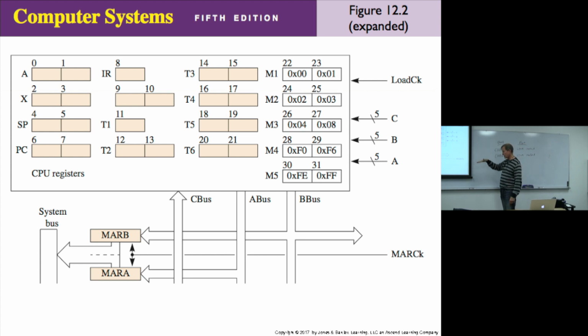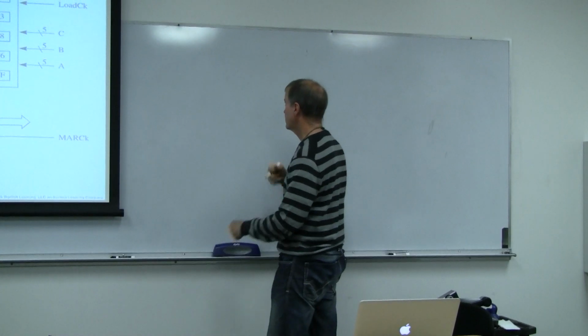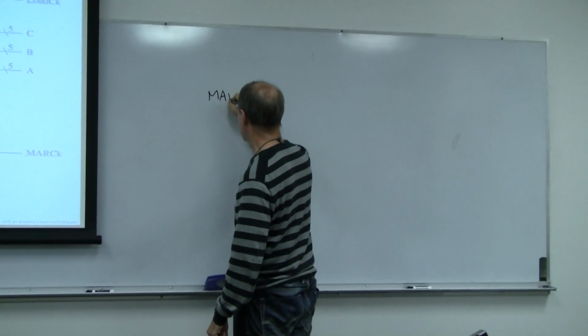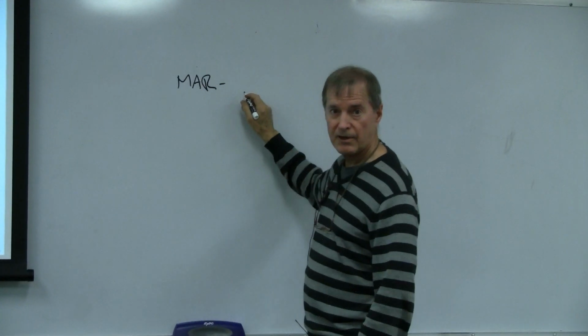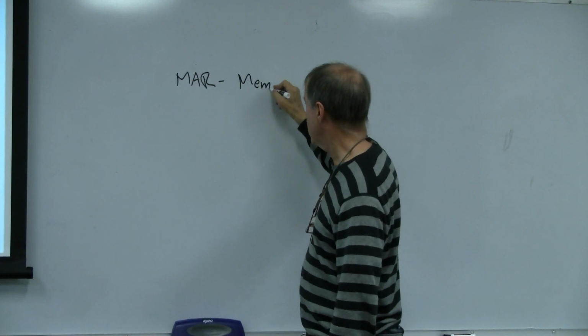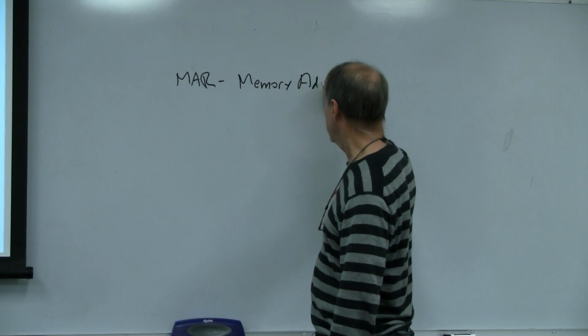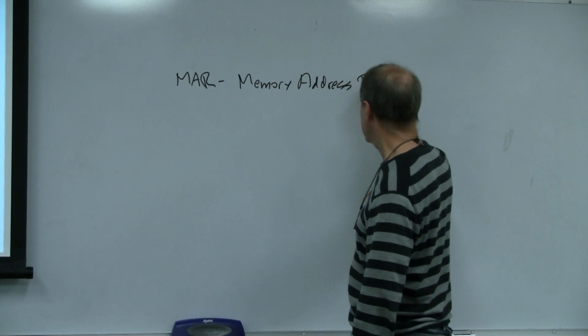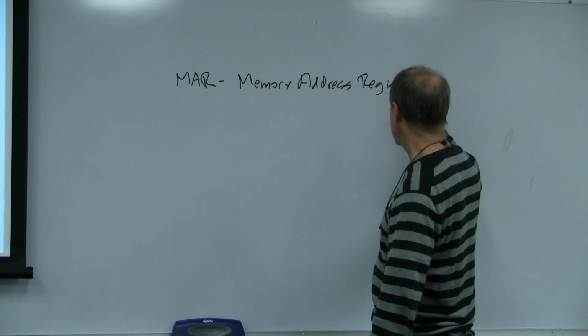And so let's just go down. The next component in the CPU is the MARA and MARB. Okay? So MAR stands for Memory Address Register.